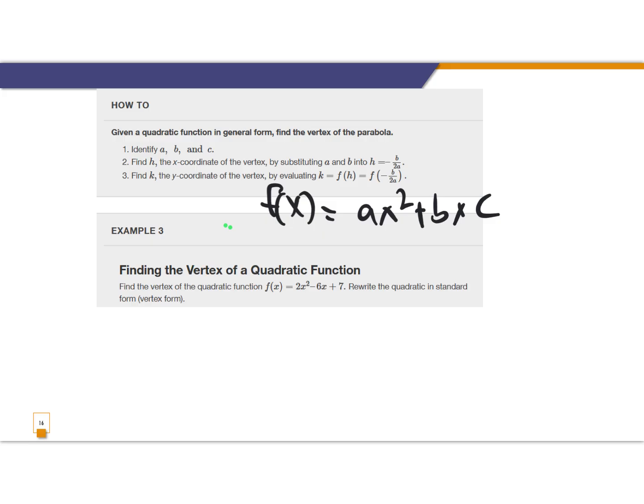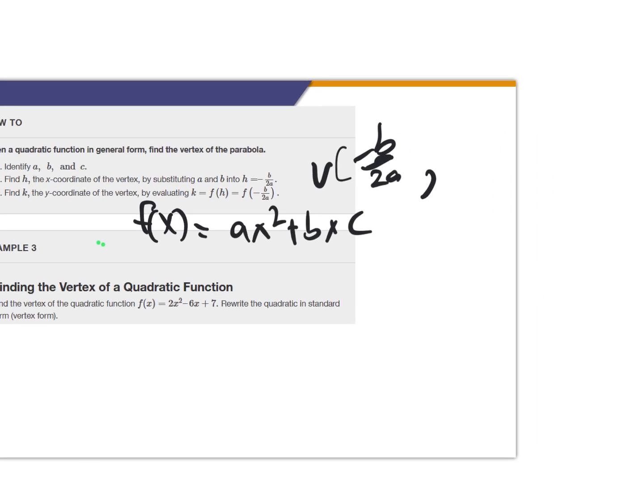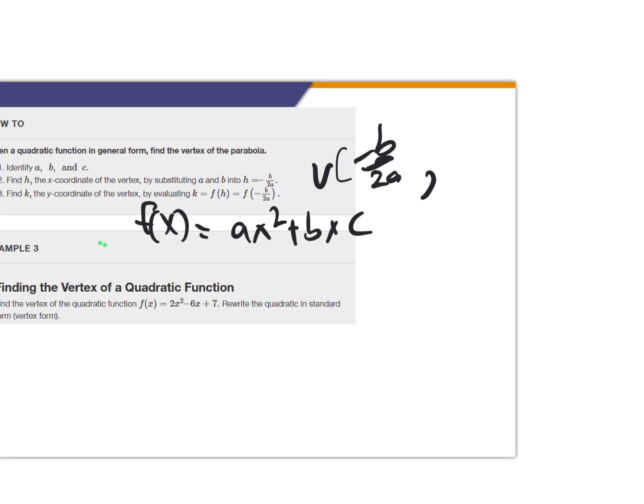So if you have numbers, then we know that the vertex is going to be the opposite of b over 2a is the x part, comma, the y value is if you plug this into the function. So it's going to be f of minus b over 2a. That's it. That's the y value.